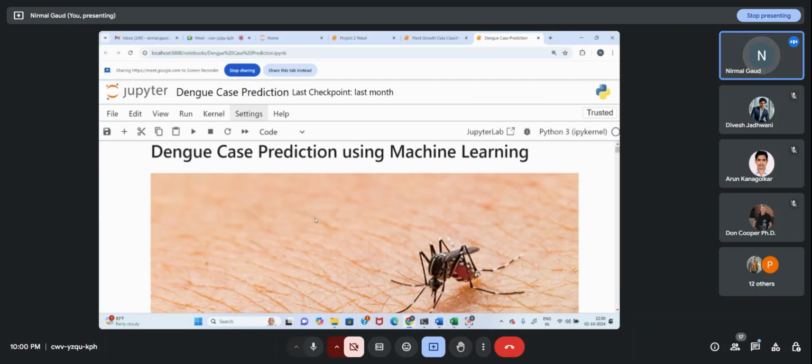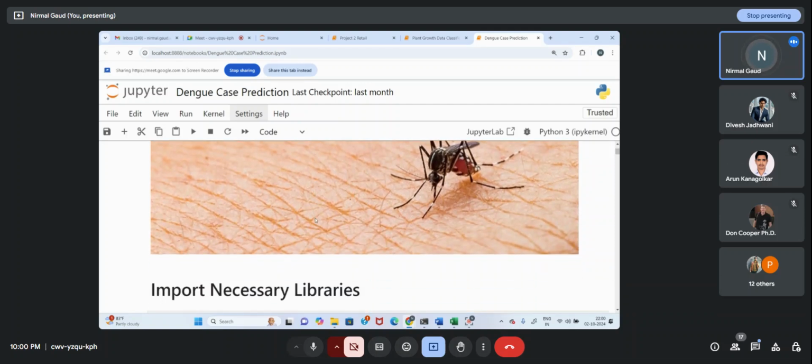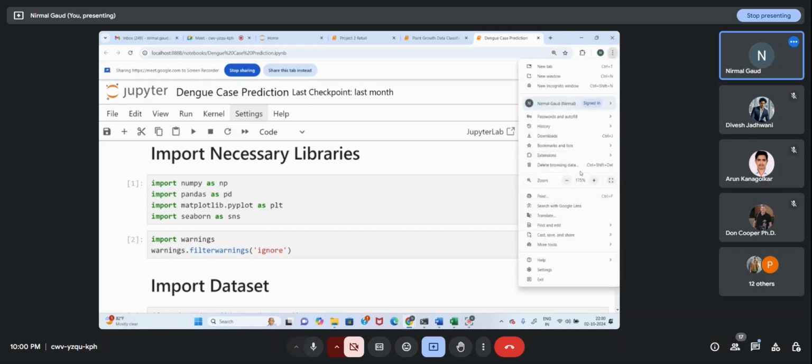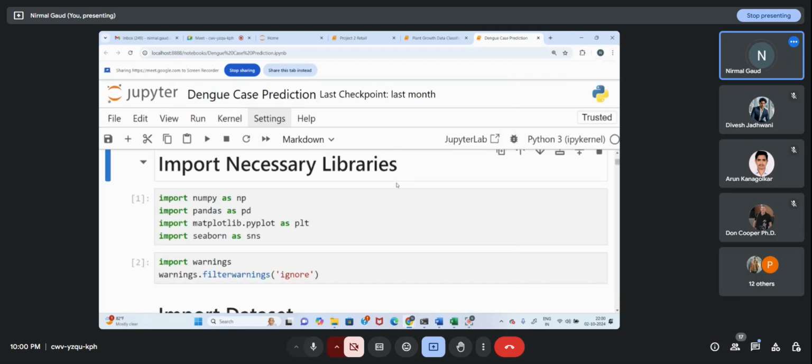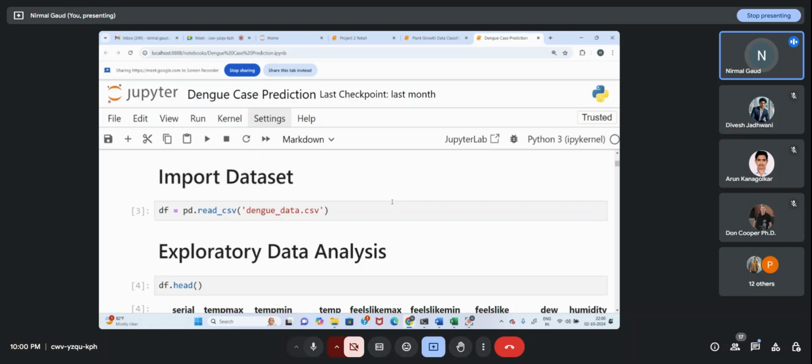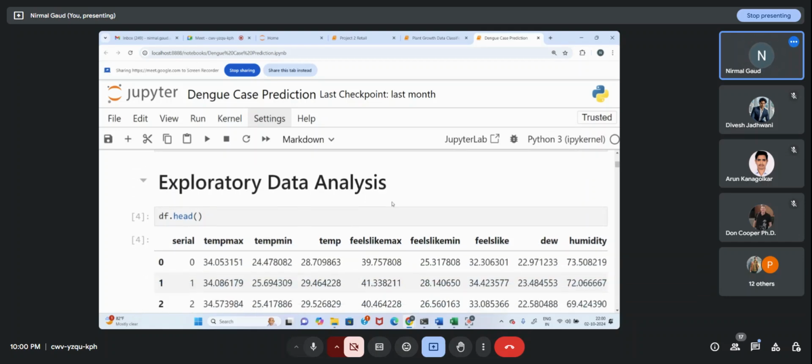So, dengue case prediction using machine learning, including deep learning also. Here are the necessary libraries, as I proceed with the same stuff, which will not create trouble for anyone. These are the libraries. Then warnings, importing the data, dengue data. Then EDA.